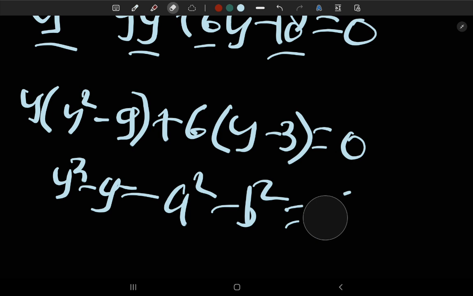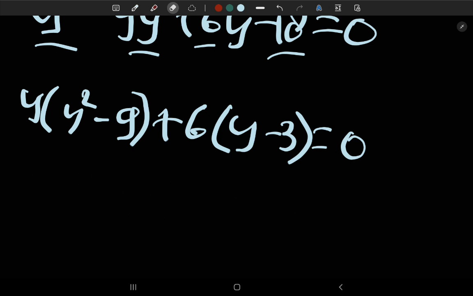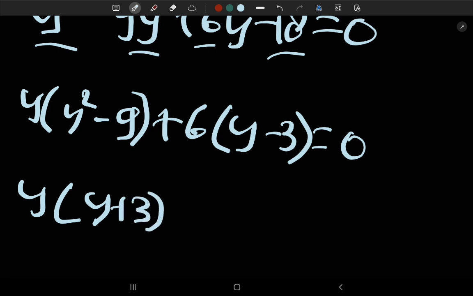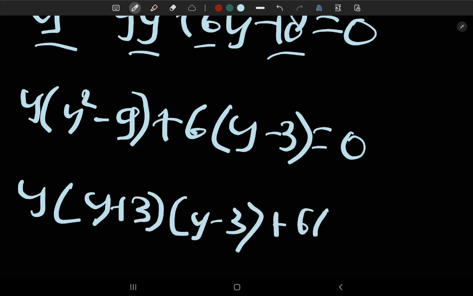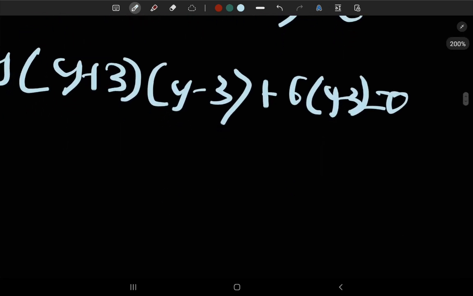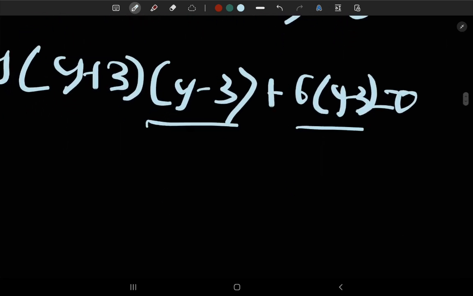By using that principle, we get y times y plus 3 times y minus 3 plus 6 times y minus 3 is equal to 0. Now we factor out the y minus 3 from both terms.